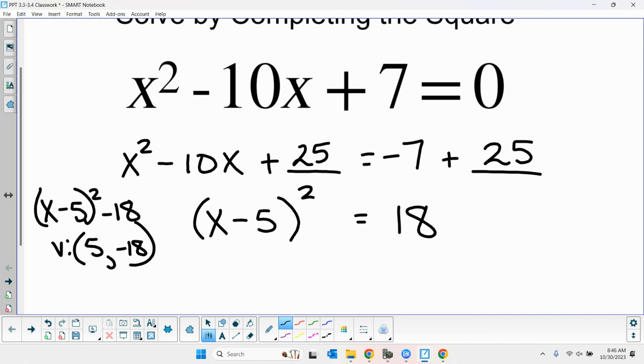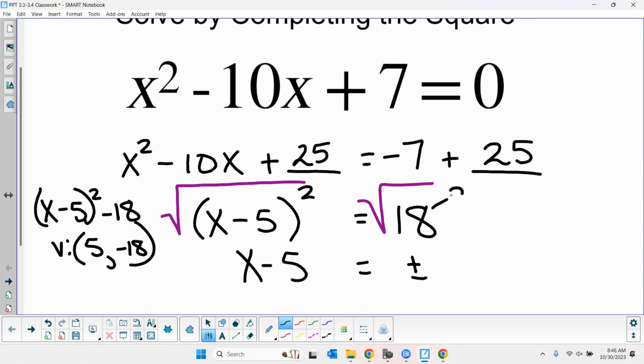And then finishing this, if I ask you to solve like I'm asking you to do now, we have to take the square root of both sides. And we get x minus 5, because the square root of something squared is itself. The square root and the square cancel each other out. And then remember, you need a plus or a minus over here when you take the square root. And this is 9 times 2 if you do a little factor tree.